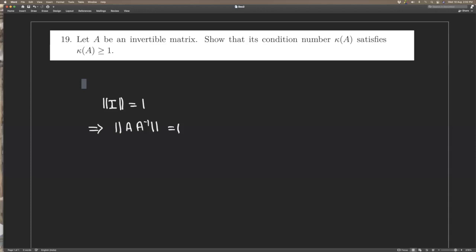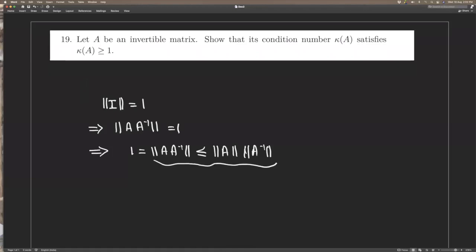That will immediately give you what you want, because you know that norm of A into A inverse is less than or equal to norm of A into norm of A inverse. Again, we are using this property of the subordinate norm, and that is precisely the definition of the condition number, right? Therefore, condition number is always greater than or equal to 1, whatever the invertible matrix A is.